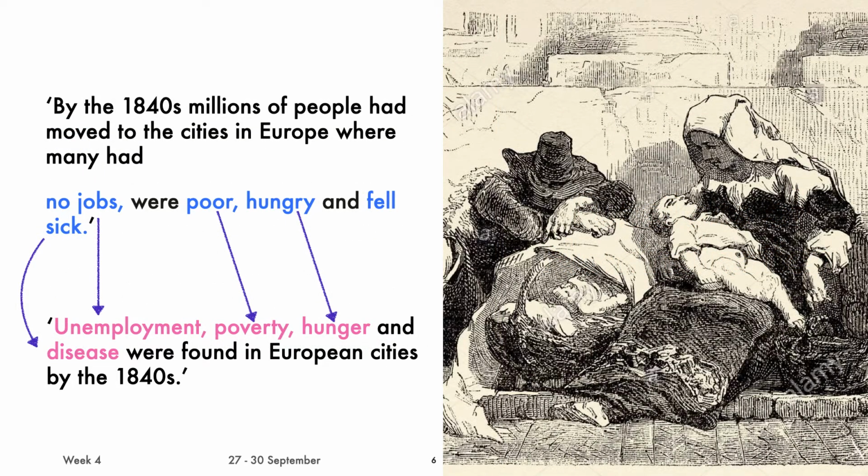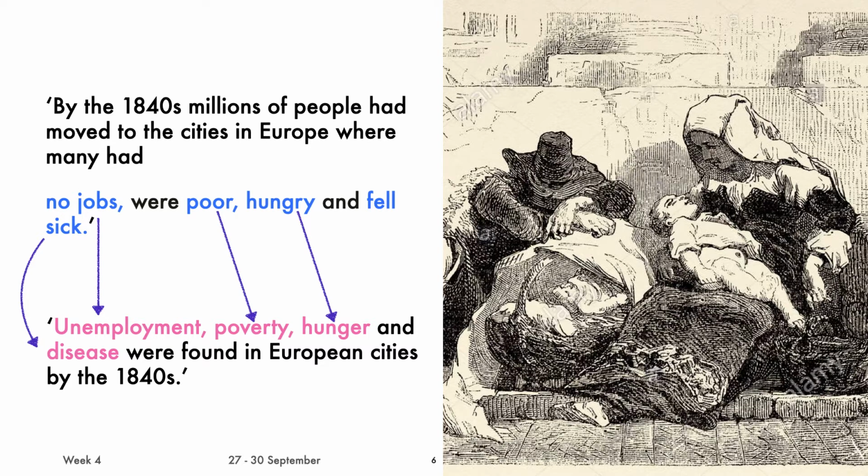This is one of the examples that I obtained from previous writing by some of my students, and I think it was about European histories. The original sentence went, by the 1840s, millions of people had moved to the cities in Europe where many had no jobs, were poor, hungry, and felt sick.